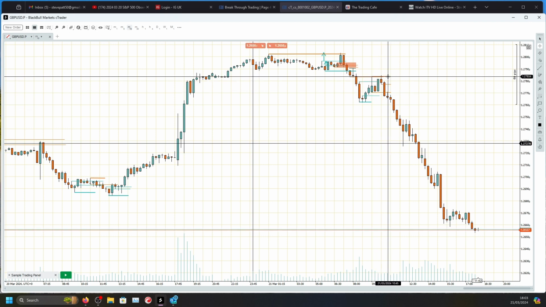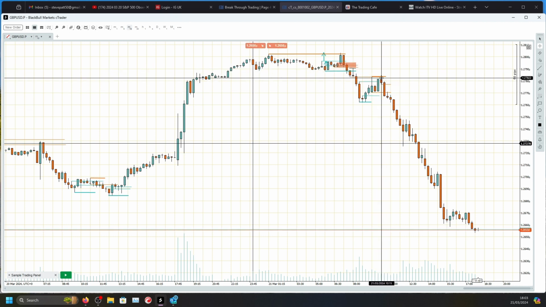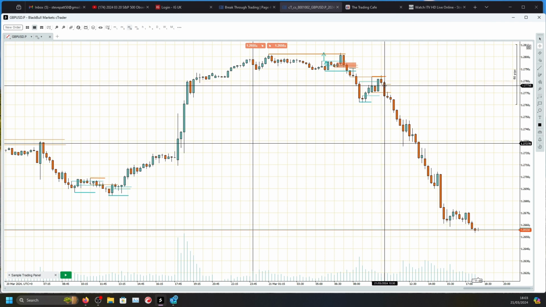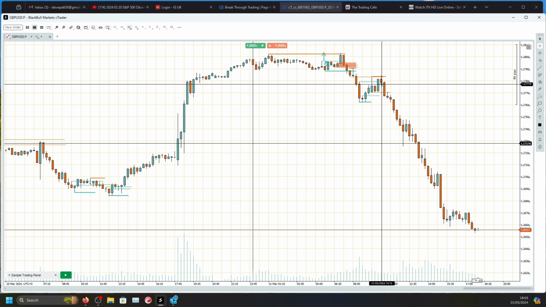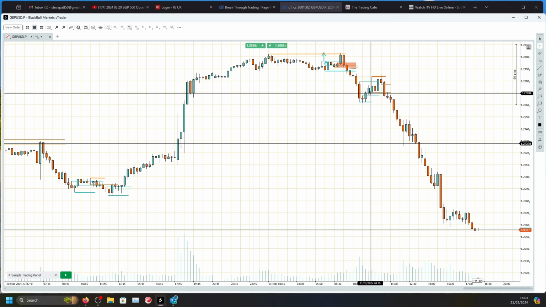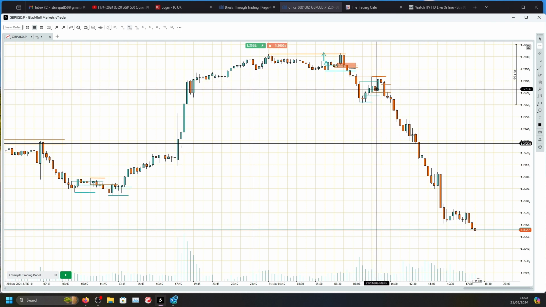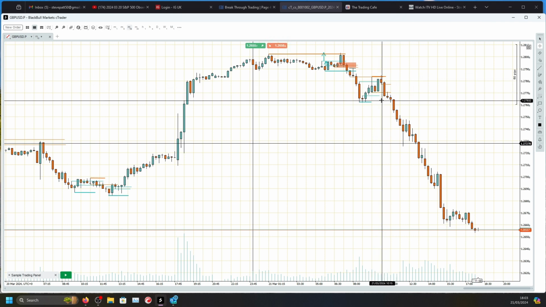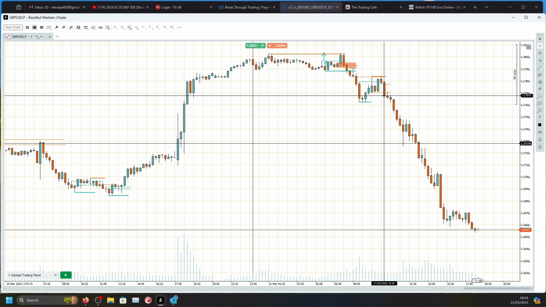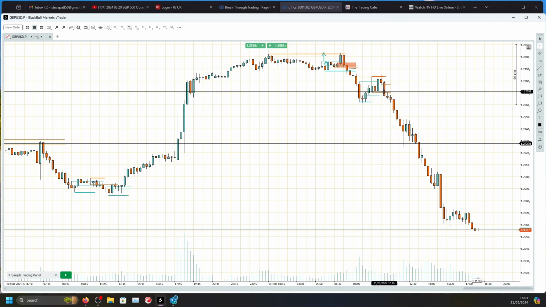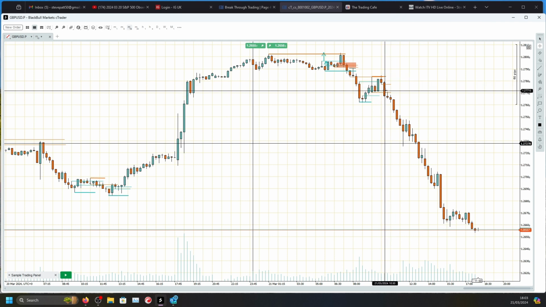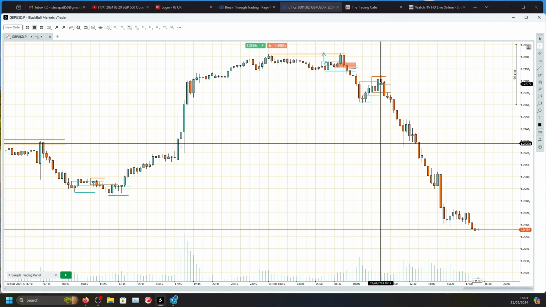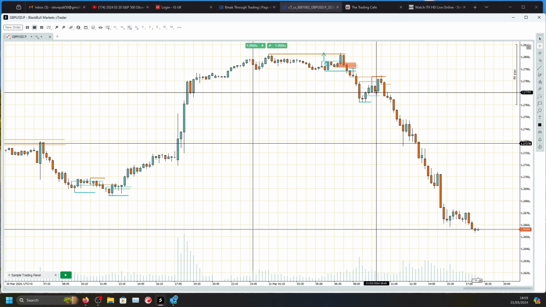Price fails to make a new high. And then we get this bearish engulfing candle, comes down, breaks the low of this candle and the lows of these three candles. So I'd be looking at going short after that, definitely, because we've broken that candle and those three.